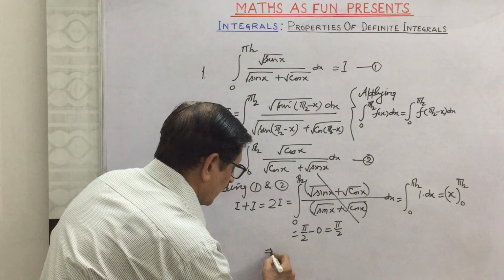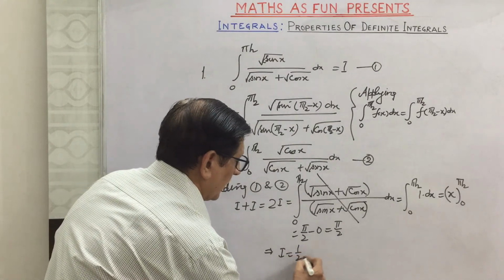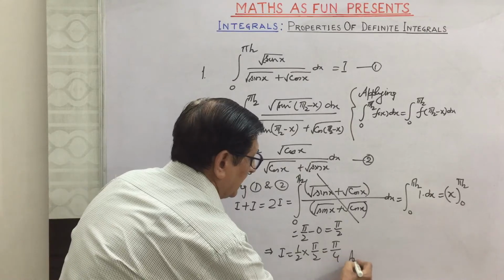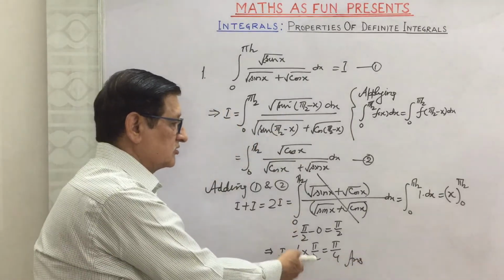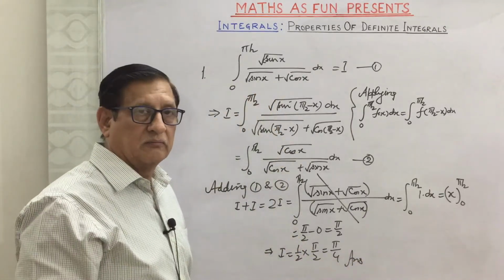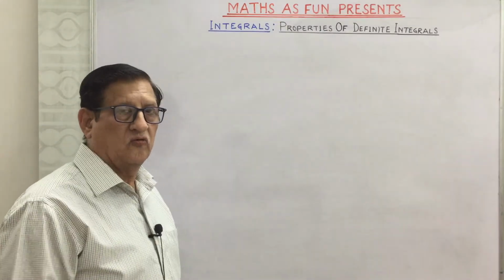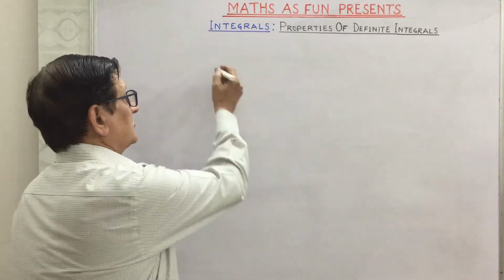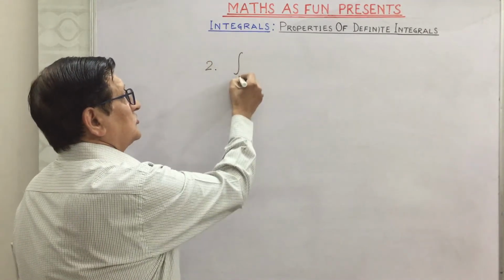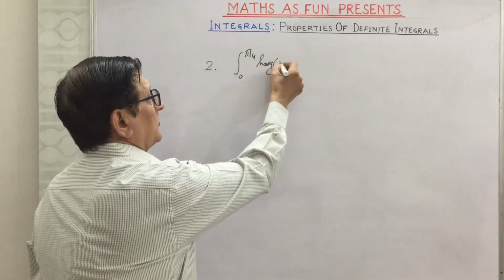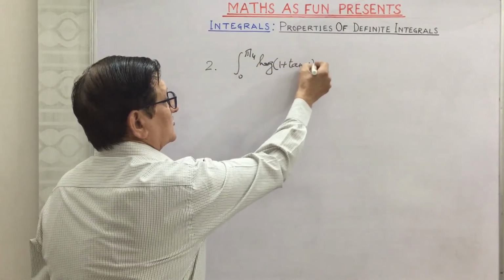It means I will be equal to 1 by 2 into pi by 2, that is pi by 4. Like this we can find the solution of this particular problem, and the value of this comes as pi by 4. One more problem we can discuss here, that is integral from 0 to pi by 4 of log of 1 plus tan x.